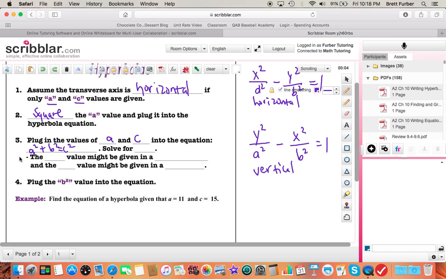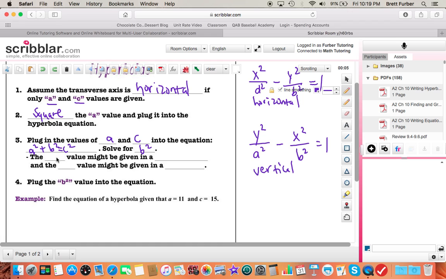So we would plug a in here, c in here, then solve for b squared, and then we would know what to put into the formula for b squared. So if it's only an a and a c value, we're going to assume it's horizontal.